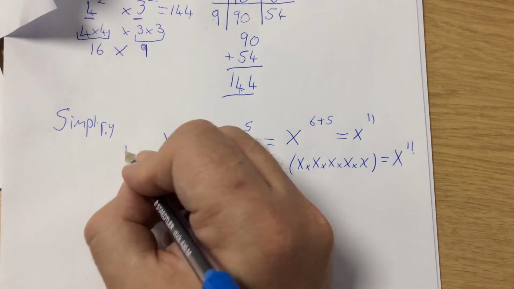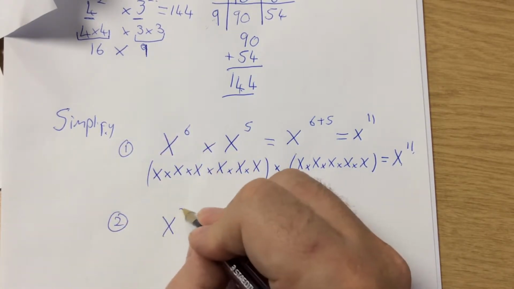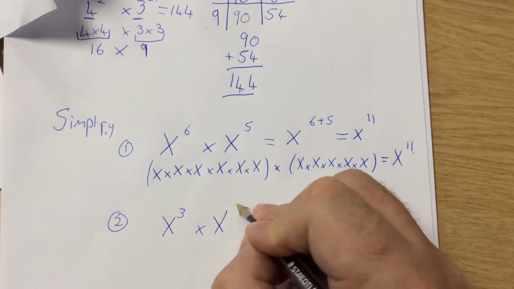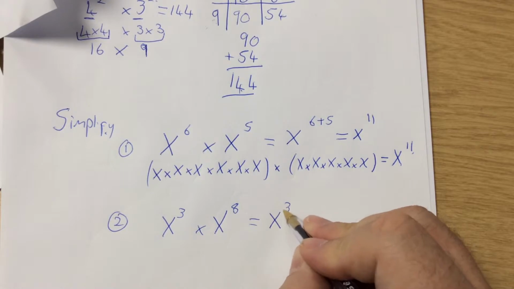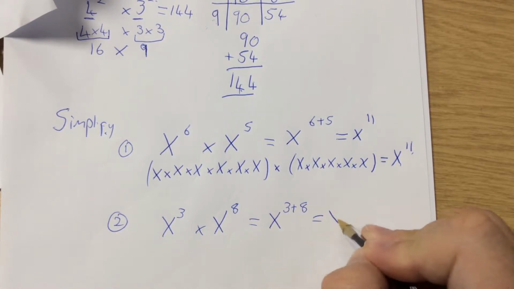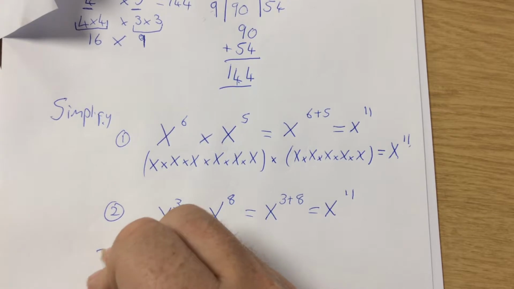If I show you another one, like x to the 3 times x to the 8, all I'm doing there is adding the little powers. So 3 add 8 makes it x to the 11. What happens if I put a number in front of that?